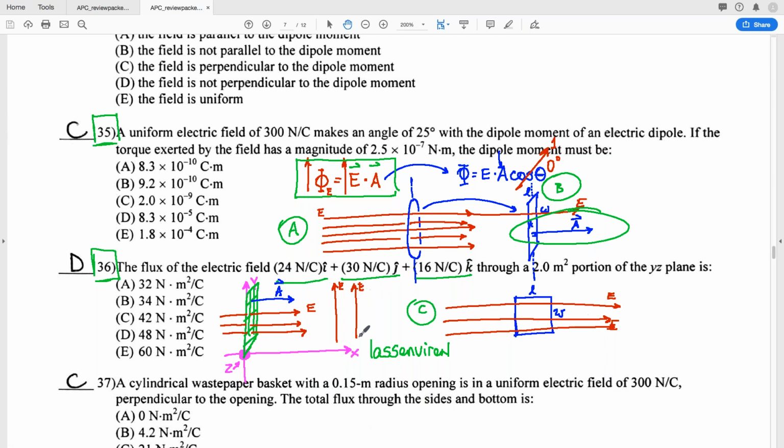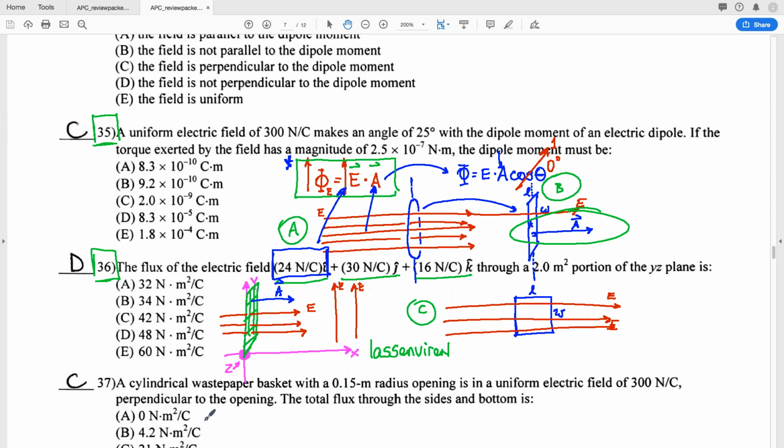And for the same reason, the Z component of the electric field coming out of the screen towards you will also not generate any flux. So let's go up here to our definition of electric flux, and we're just going to multiply the I hat component of the electric field, which is 24 newtons per coulomb, times the area of 2 square meters, and that's going to give us 48.